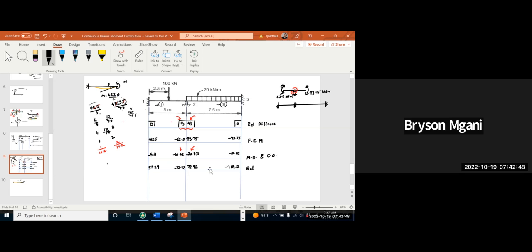So if it could have been not balanced again, you're supposed to take 1/3 to the left and 2/3 for the right. Am I correct? Can you repeat that? If the last line, the moment could have not been balanced, you are supposed to take again 1/3 to the left and 2/3 for the right.